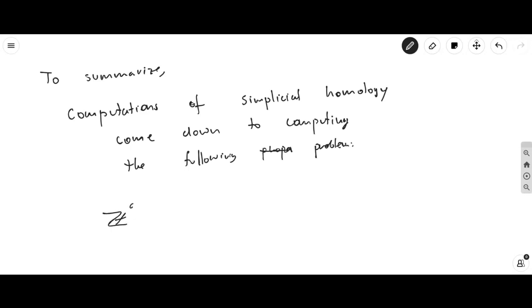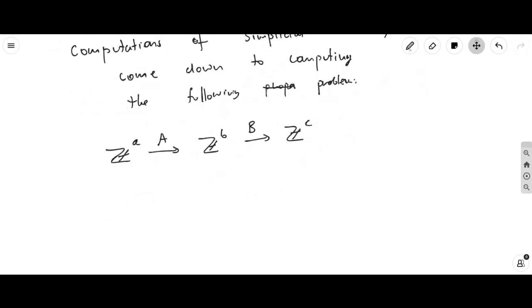You have Z to the A being mapped to Z to the B, being mapped to Z to the C, and you have some matrix A here, some matrix B here, and you're going to assume that BA is 0. This is just a composition.